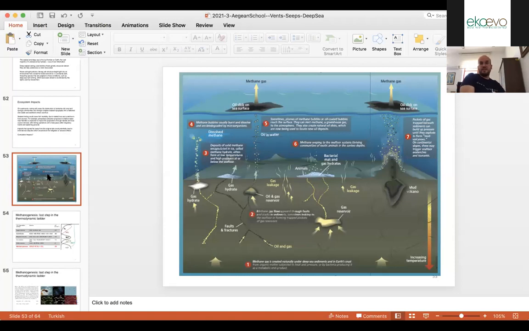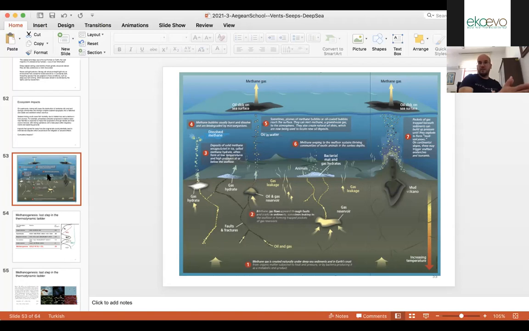Similar to vents, you can also have chemosynthetic organisms around gas seeps. For example, in places like the Black Sea and Eastern Mediterranean, there is a lot of natural gas well beneath the seafloor, but through cracks or channels, this gas can seep to the sediment surface. It's a similar mentality: it sets up a redox gradient.